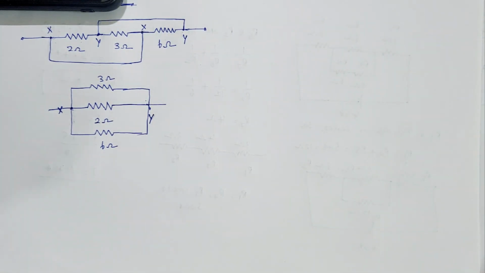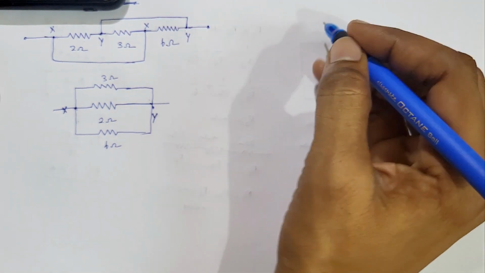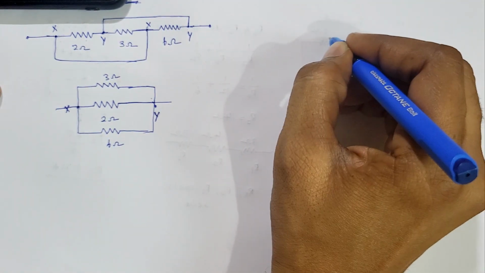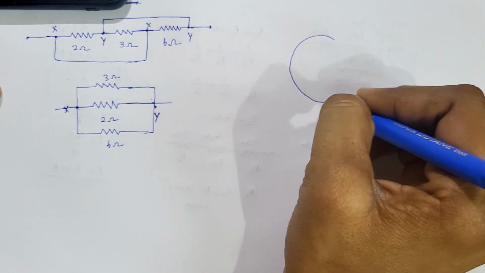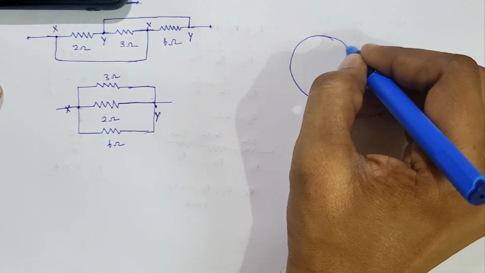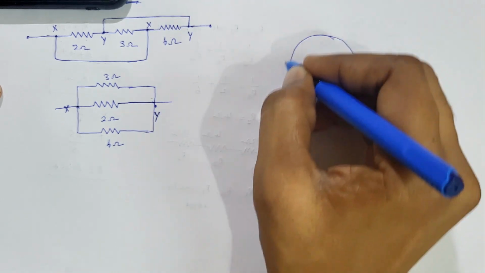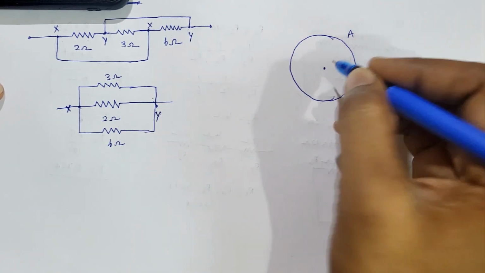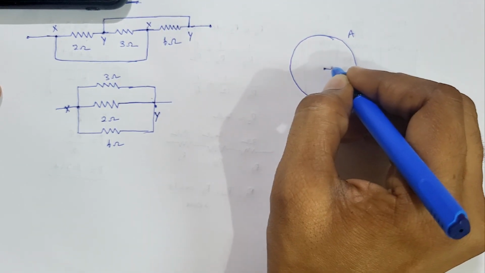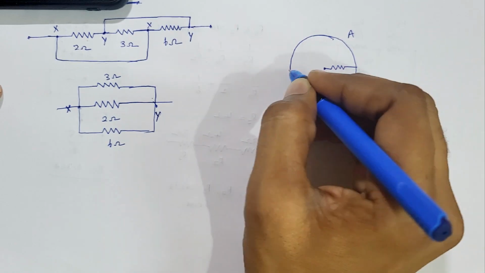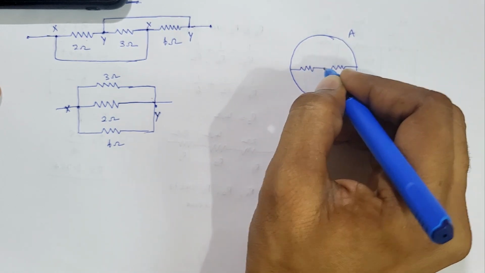Correct? So based on this, one more simple question I'll ask on my own. Find the equivalent resistance of the circuit between the terminals A and B. This whole wire is there, right? This terminal is A, and from here I have taken resistances like this.